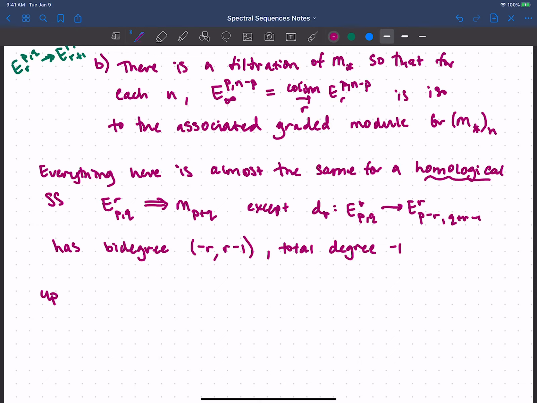Okay, so that's a lot of sort of technical stuff, and part of what we want to do in this course is see a bunch of examples so that we get more comfortable with all of this machinery. But the upshot, maybe for the moment, is when we talked about the Serre spectral sequence, remember that was associated to some fibration, or you could think fiber bundle, and here F is the fiber.